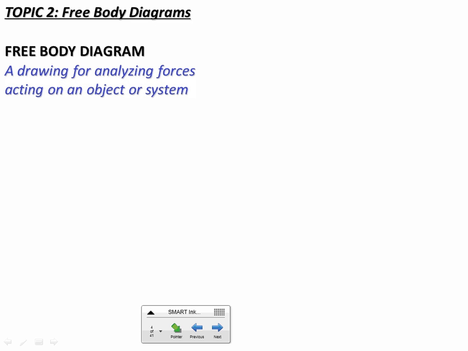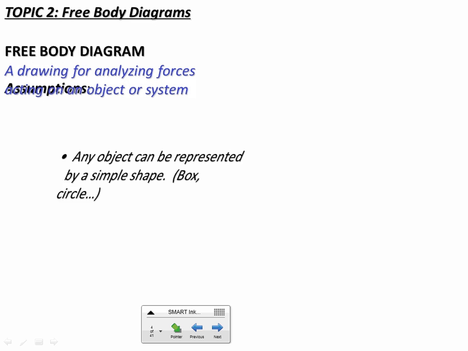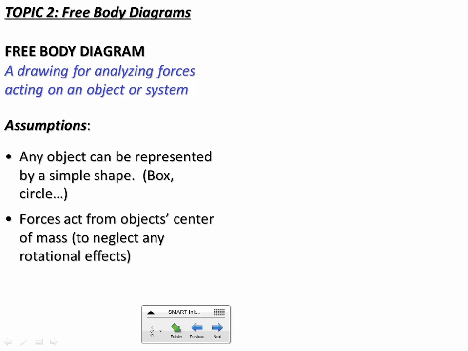And a free body diagram is a tool. It's not just a pretty drawing. It's a tool we can use to analyze what's happening to a system, what forces are acting on a system, and what they do. A couple of assumptions. I think these are already written down for you. Don't bother drawing the elephant when the question's about an elephant. Just draw a box. And we always assume that forces act at something called an object's center of mass.